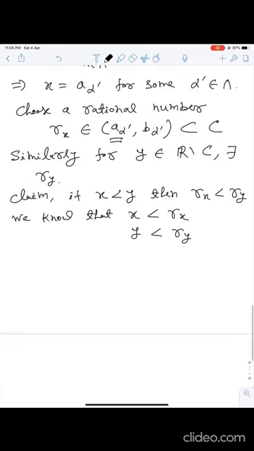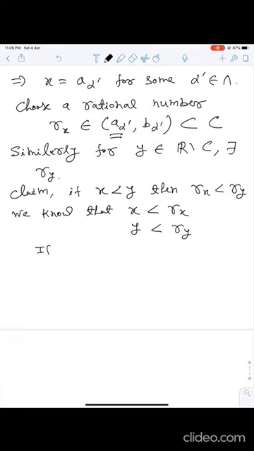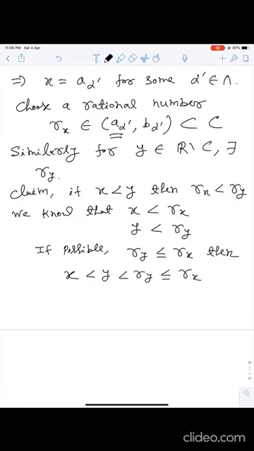Now if possible Ry is less than or equal to Rx, then we will have X less than Y less than Ry less than or equal to Rx.